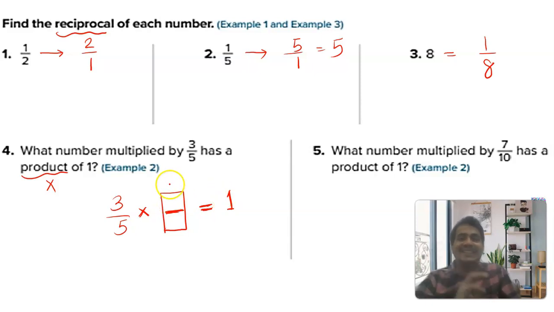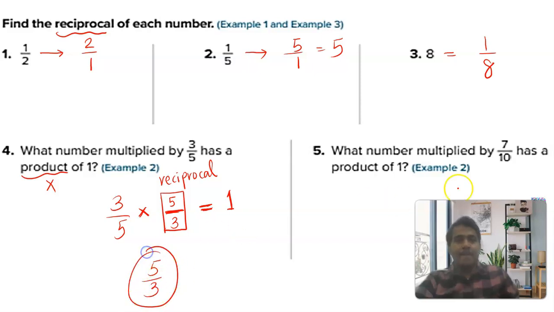So basically this is the reciprocal from the above idea. So this has to be 5 and this has to be 3, because 3 and 3 will cancel, 5 and 5 will cancel. So the answer is 5 over 3, the reciprocal.